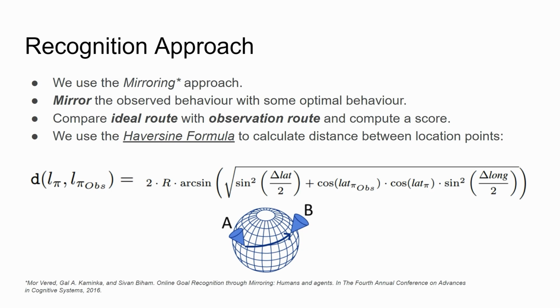We then compute the observation route, which is computed from the initial location whilst complying with the observation points and reaching the possible intentions. For each of the possible intentions, we compare its ideal route to its observation route and compute a score from it, which represents how compliant the observations are to the route. We compute the similarity distance comparison using the Haversine formula shown on the slide.